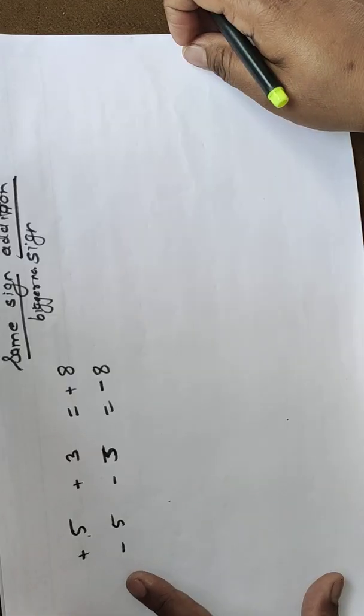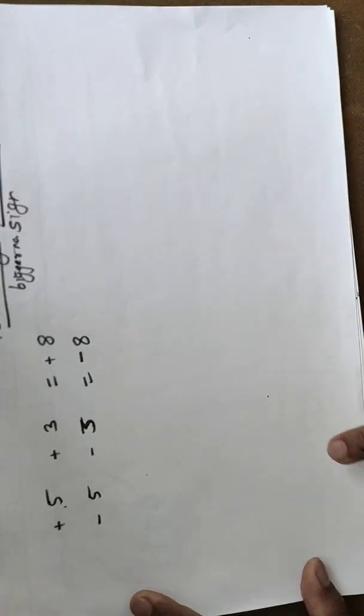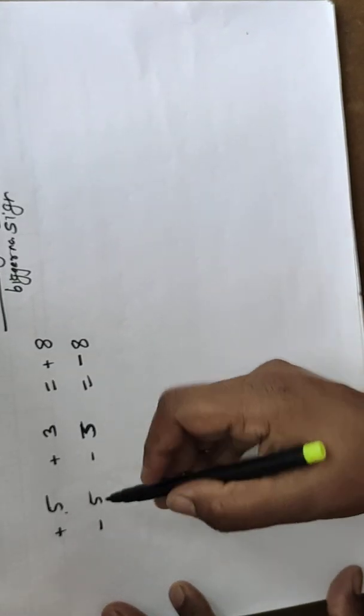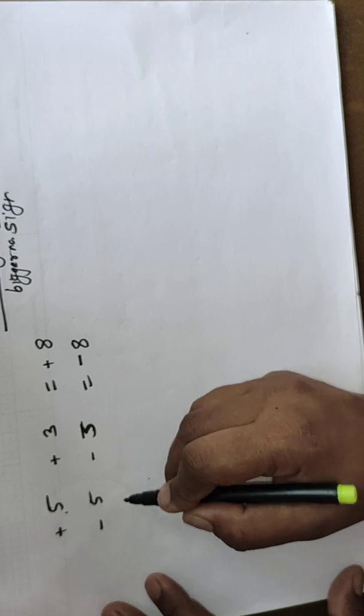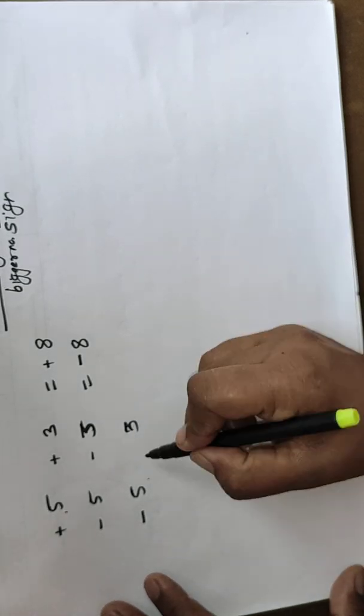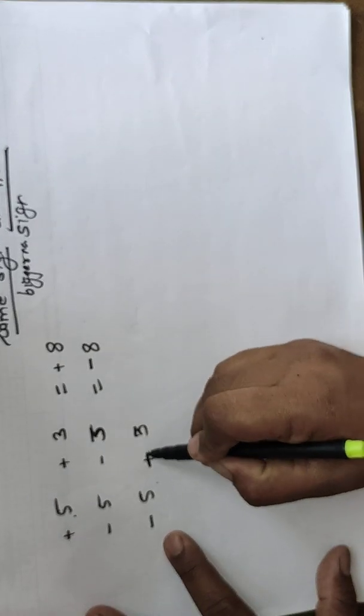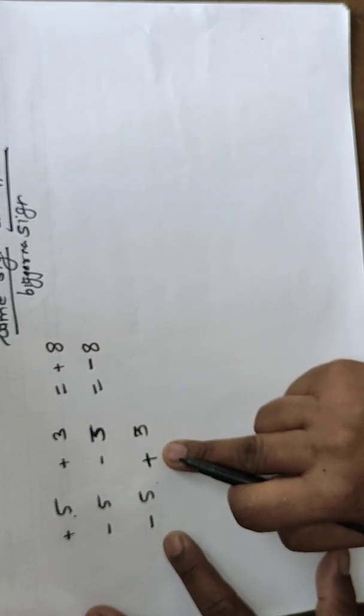Okay, then next, what do we have to do? Suppose we take these two numbers again, but here the 5 will get the negative sign and the 3 will get the positive sign. Now the signs are different. One sign is minus and another sign is plus.